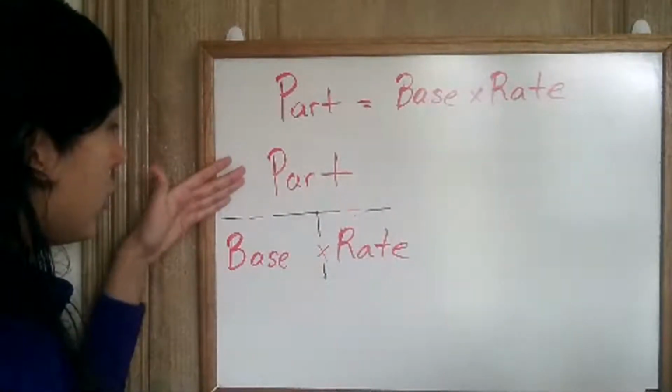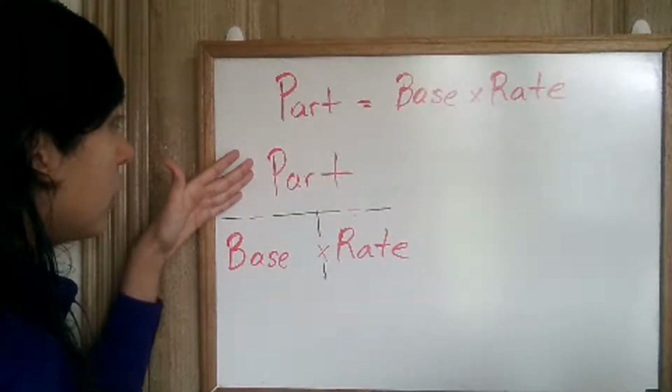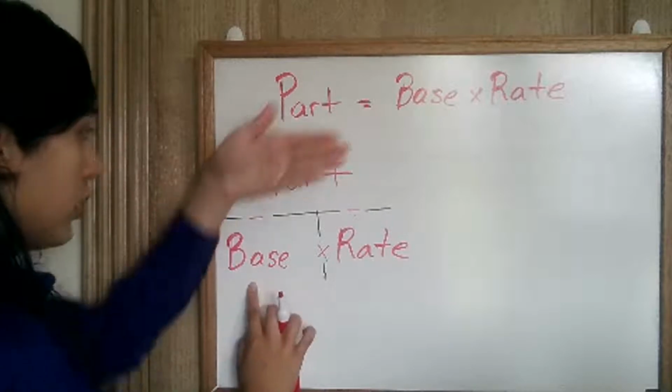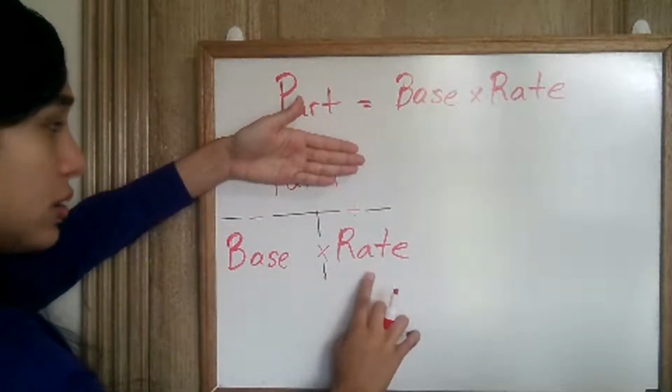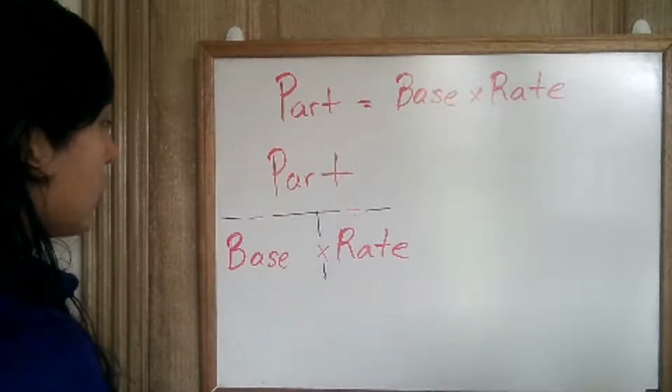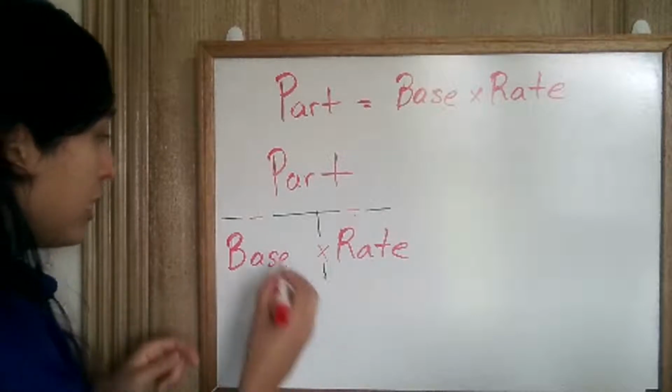Let's break it down. We know that if you want to solve for part, we have to multiply the base times the rate. Or let's say I want to solve for the base.